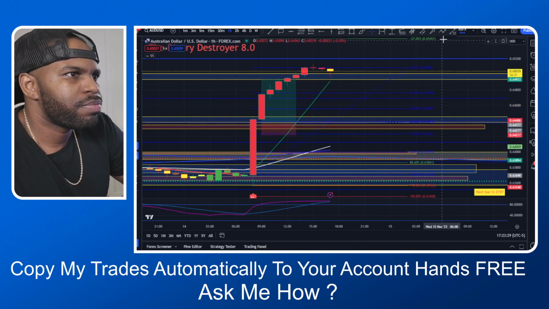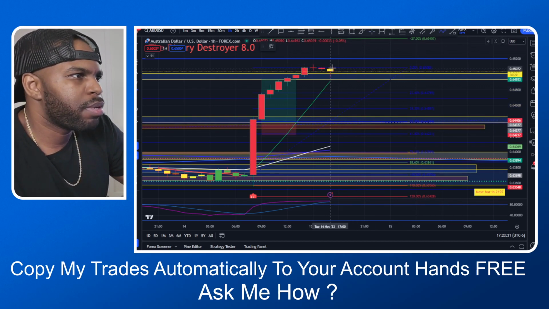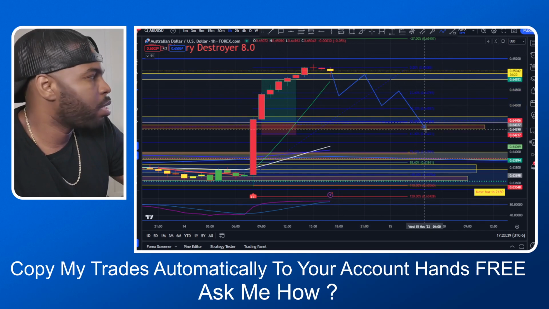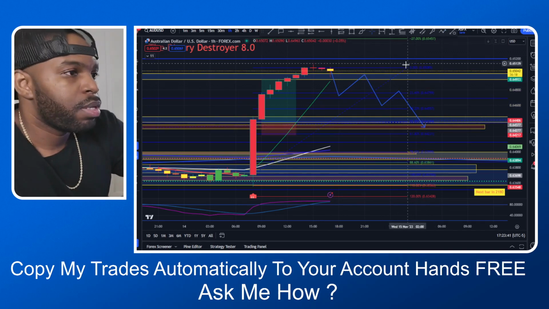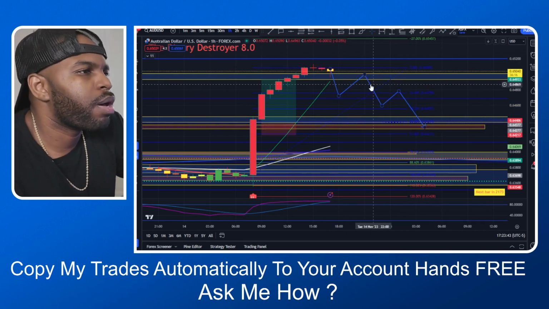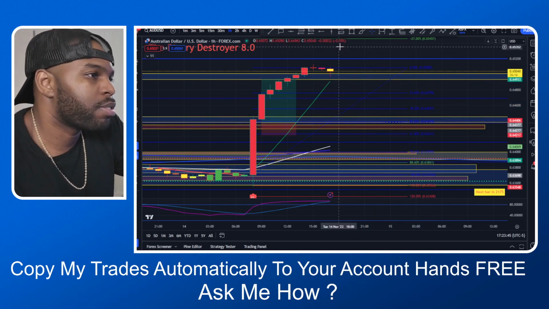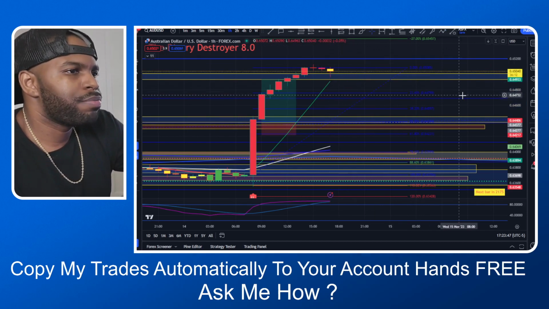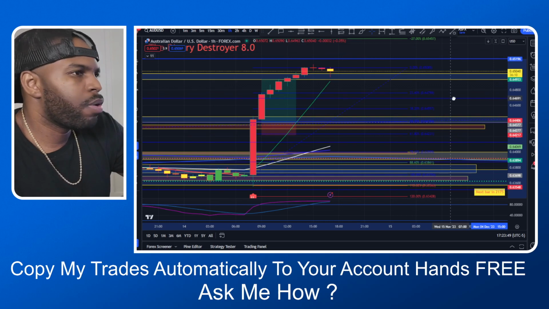All right. So this is what could happen here. Price could break this zone here, come back up, retest, start going up, and it could do something like that. Possibility. I'm not saying it will, but it's just a possibility. Or it can continue to go up.